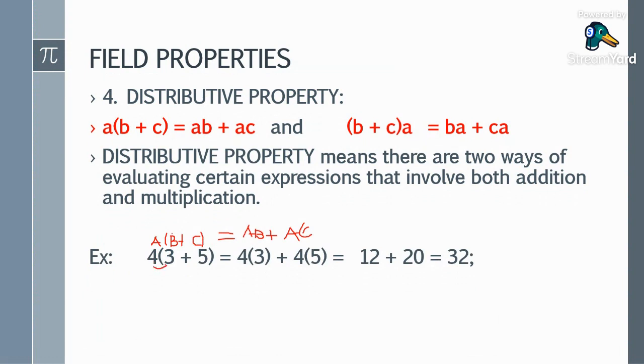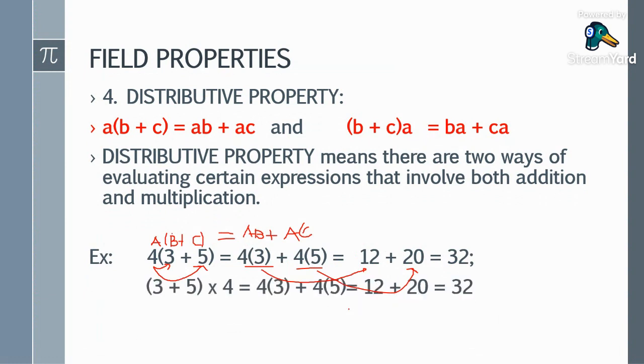So 4 times 3 is 12, plus 4 times 5 is equal to 20. Now let's add these two numbers. Then the answer is 32.